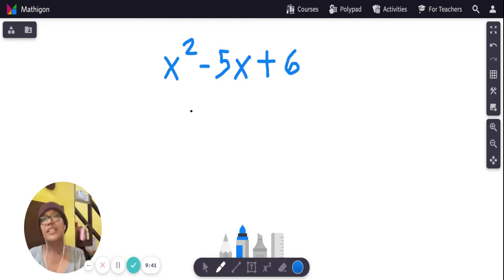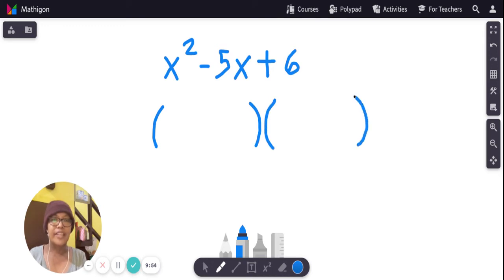Okay? So what do you think are the factors of x squared minus 5x plus 6? So first step is to write this one. Sulat po kayo ng ganito muna. Okay? So this is positive, this is negative.